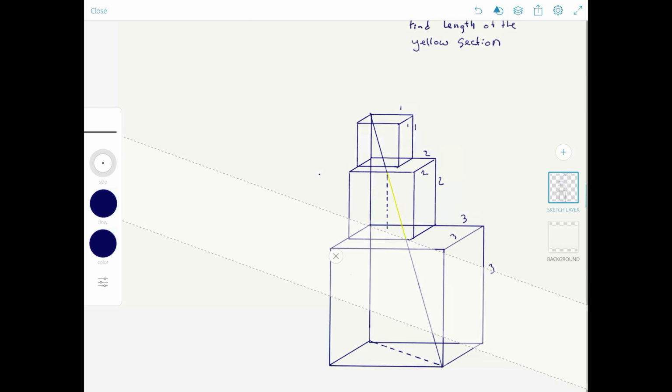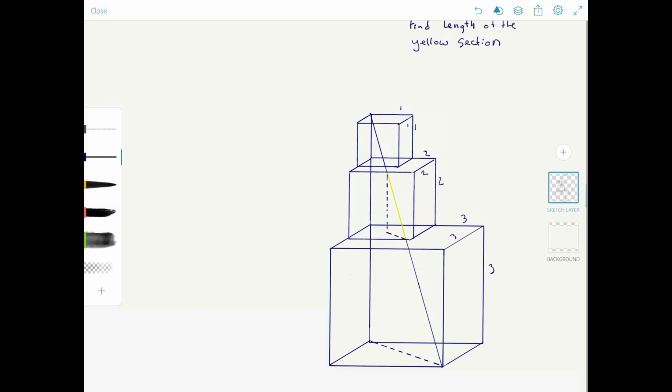We'll make it dotted. There we go. And then we've got the base here, which should be parallel to that line there.